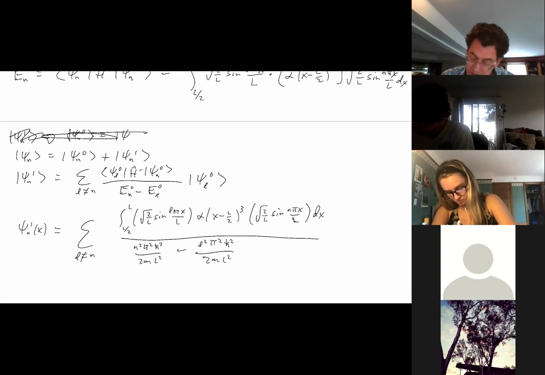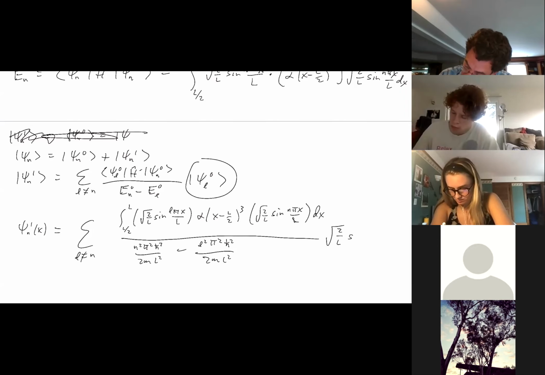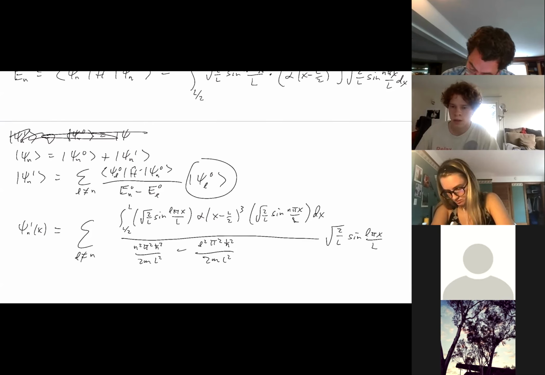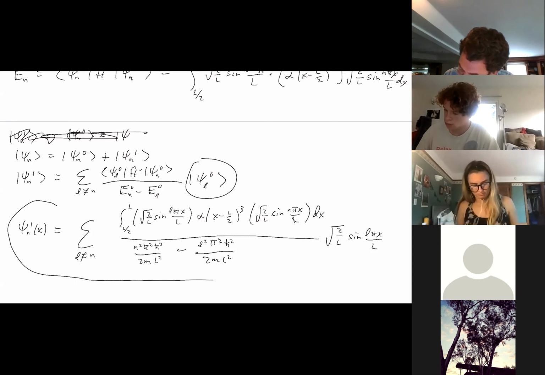The whole thing is going to be times this guy psi L naught, which is square root of 2 over L sine L pi x over L. And that is it. That's the answer.